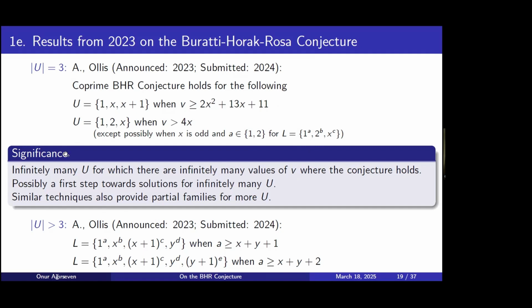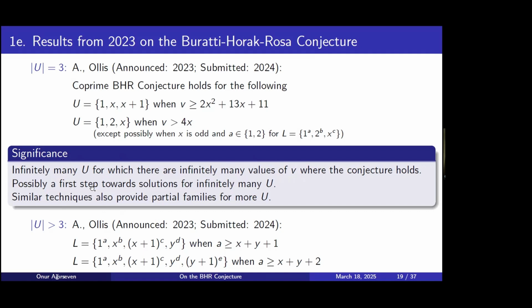And this was significant because for the first time in this problem, for underlying sets of size 3 or more, we were able to show this for infinitely many underlying sets for which there are infinitely many values of V. So we had infinitely many in both the sense of the types of underlying sets and the values of V. This was something that was elusive before.